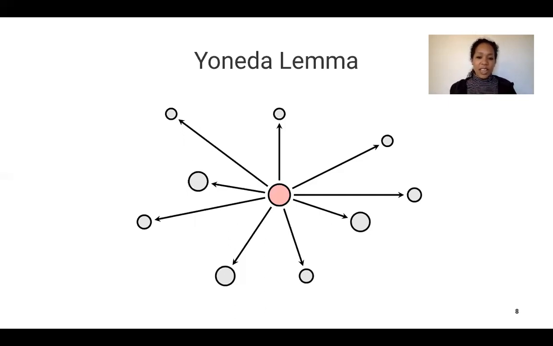So if I want to understand something about a mathematical object like this one in the center here, then up to isomorphism, it's enough for me to know the totality of all relationships that that object has with other objects in the category. So you look at all morphisms out of that object, or, flipping the arrows around, all morphisms in. The Yoneda lemma says it's enough to study this environment, this perspective.